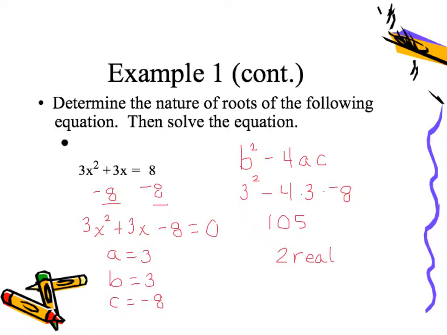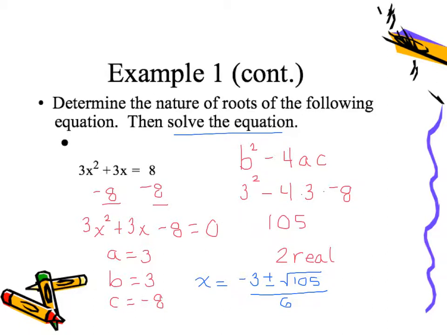Now, to solve the equation, we need to use the rest of the quadratic formula. So x equals negative b, which would be negative 3, plus or minus the square root of our discriminant, which is 105, all over 2 times a, which would be all over 6. Now in this case, 105 is not a perfect square.